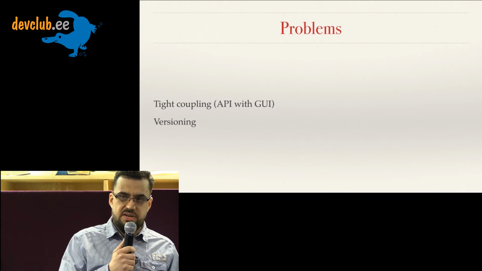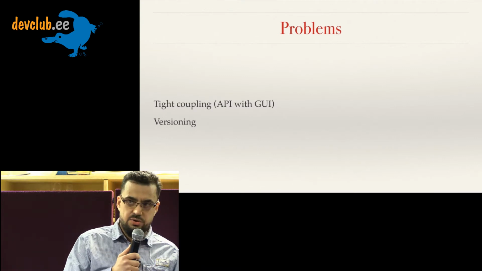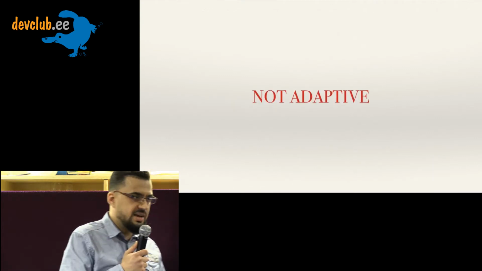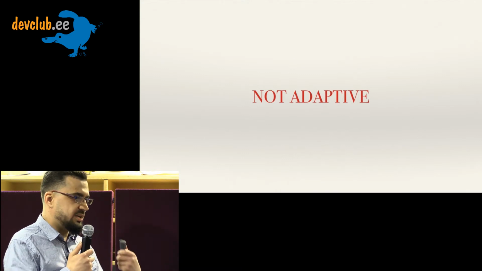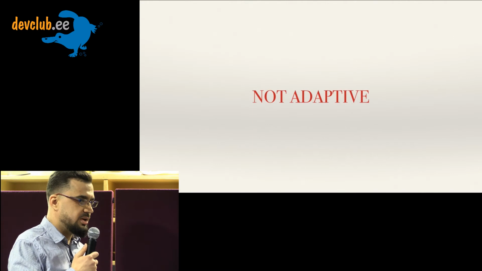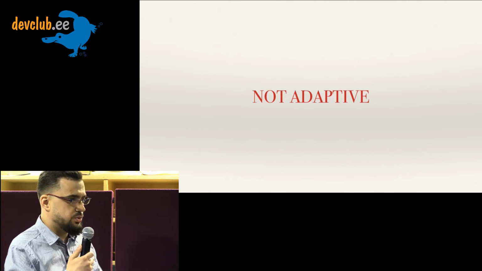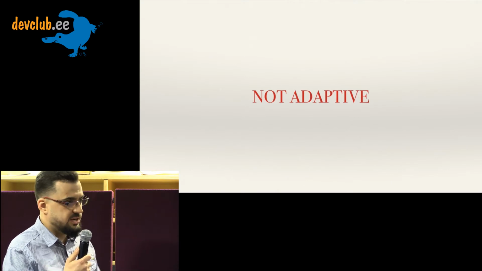But what is the actual reason of those problems? The root cause is that backend is not adaptive. But we want to make it adaptive. We want to evolve our application rapidly, to deliver new features to customers fast, maybe make A/B testing.